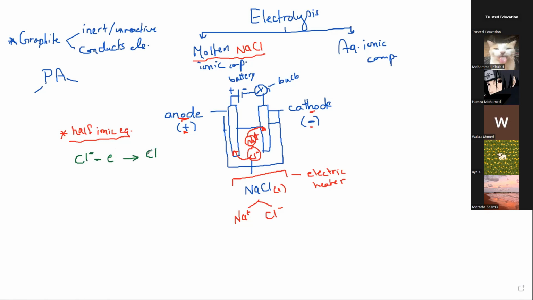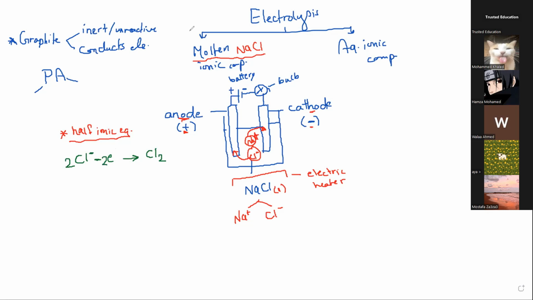But wait, what I wrote is not correct chemically. Why? Because chlorine is a diatomic molecule. It exists in nature as the molecule chlorine. We don't have Cl alone in nature, never. So this means that two chloride ions will lose 2 electrons forming chlorine gas at the anode.